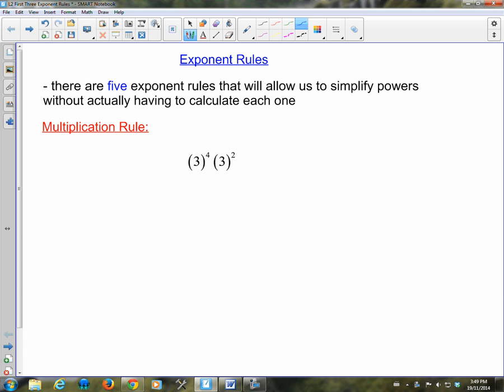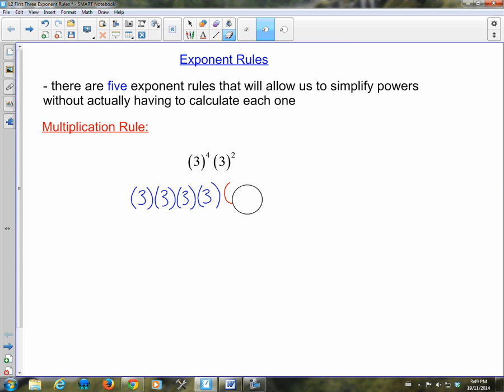So the multiplication rule, we should know that 3 to the exponent 4 means I'm multiplying 4 3's together. And then I'm multiplying that by 3 to the exponent 2, which means I'm multiplying 2 3's together.